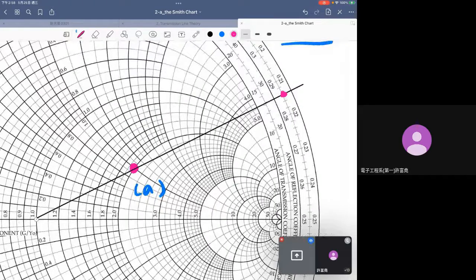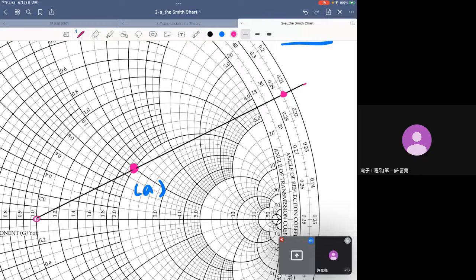Use your ruler from the center of the circle through your starting point, the impedance of your starting point, to get outside, okay? Then you will see a number.